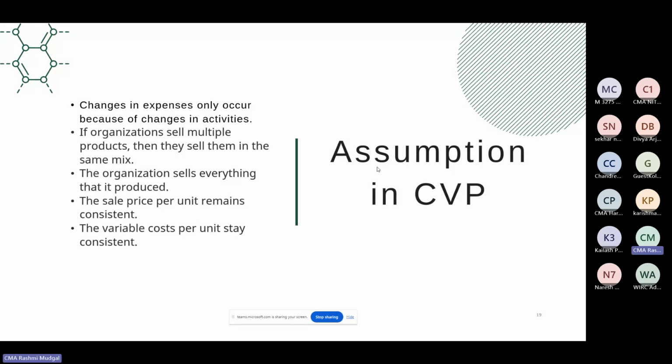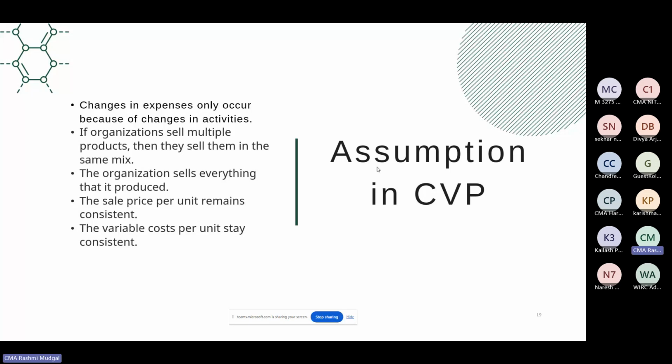But in real life, the expense can be changed by the force of market, by the force of consumer behavior, by the force of competition also. So these also change because of many factors, but here we are taking only activity level.